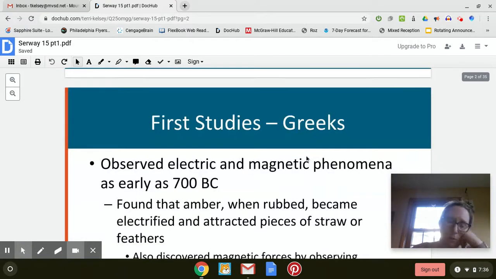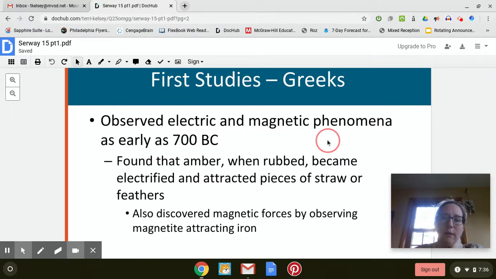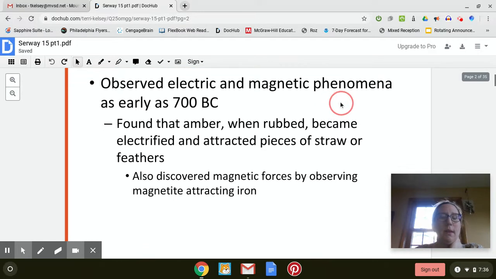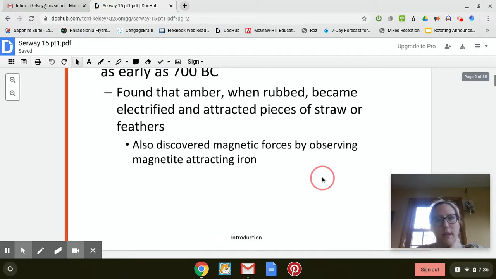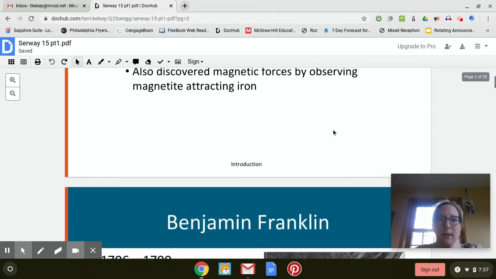So if you remember, we started with Walter Lewin and his MIT lectures. And so we started talking about how the Greeks really first started noticing electricity. And they found out that when they rubbed amber, it attracted straw. And so we kind of just played with it until then.